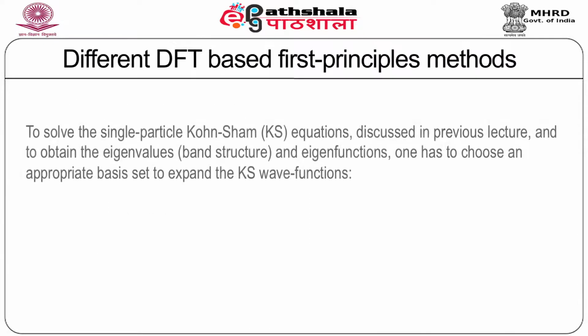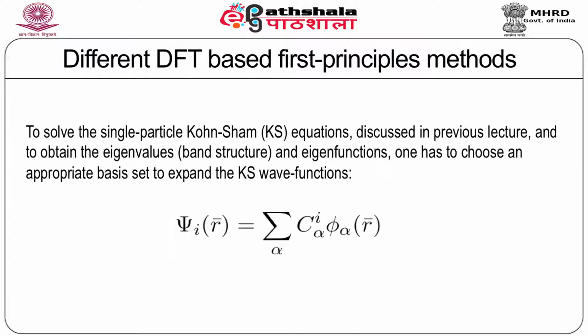To solve the single particle Kohn-Sham equation, which was discussed in the previous lecture, and to obtain the eigenvalues, which often give rise to the band structure, and the eigenfunctions, one has to choose an appropriate basis set to expand the Kohn-Sham wave function as shown below, which is given by psi_i equal to summation over alpha C_alpha phi_alpha, where psi is the Kohn-Sham wave function and phi_alpha is the basis set with the coefficient C_alpha.